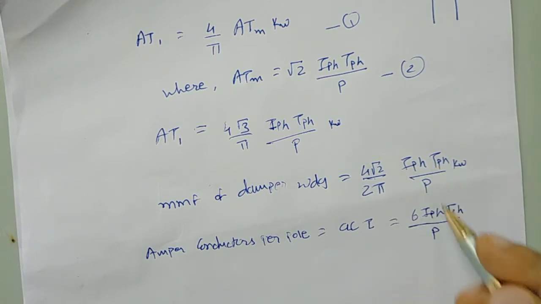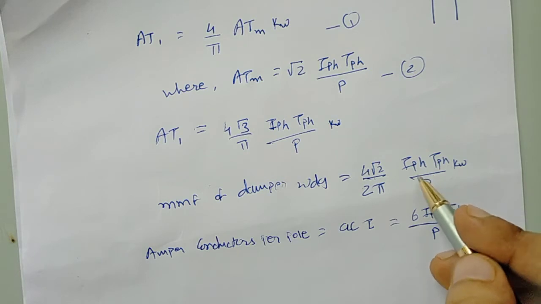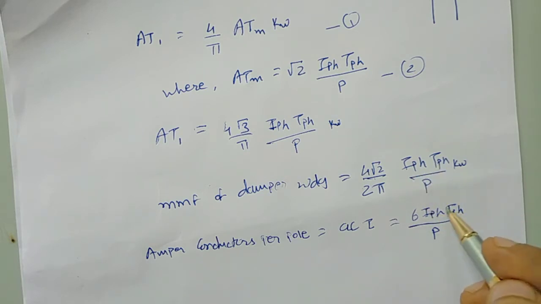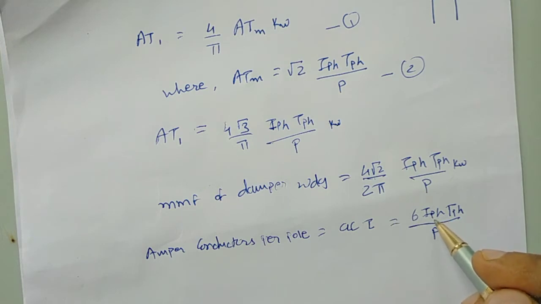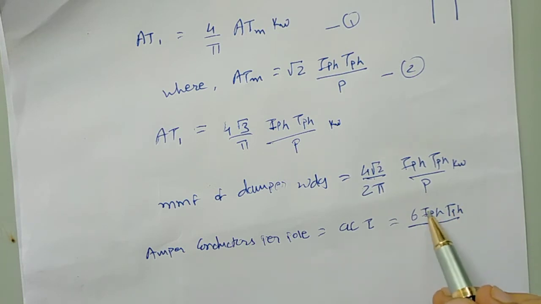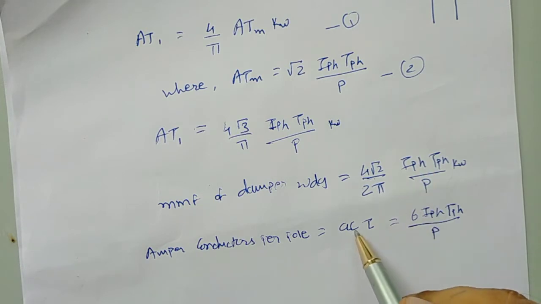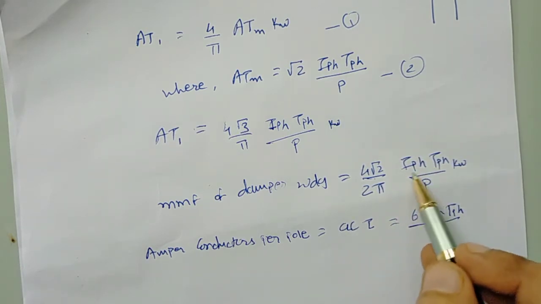If we compare these two equations, some things are common: Iph Tph divided by number of poles. Simply, if we take the 6 on this side, then this entire term Iph into Tph divided by number of poles can be replaced by ampere conductor into tau divided by 6.